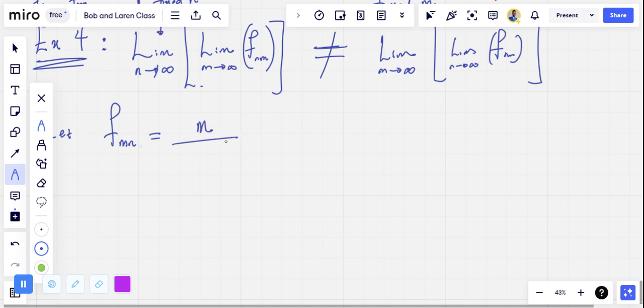Let's say we have m over m plus n. Unlike when we have just fn equals, let's say, n squared x times 1 minus x to the power of n. We are only considering just n. We can't call this one nx. X is just a boundary, of 0 and 1 in this case. So in this case now, we are not considering any boundary.